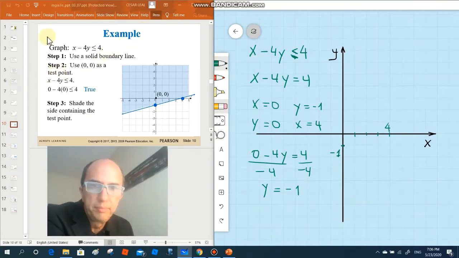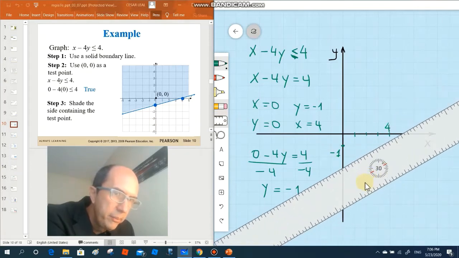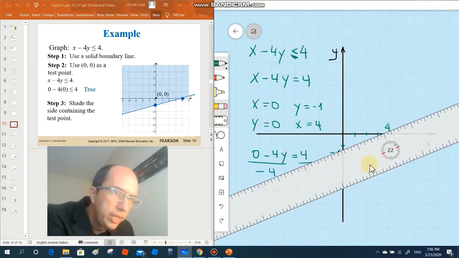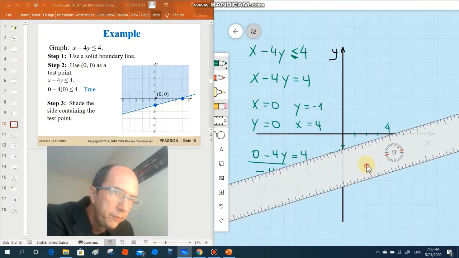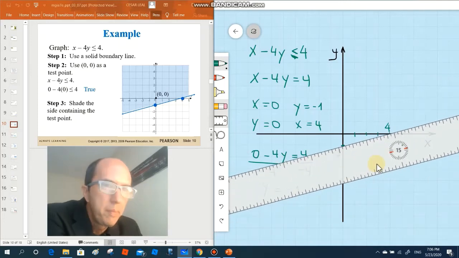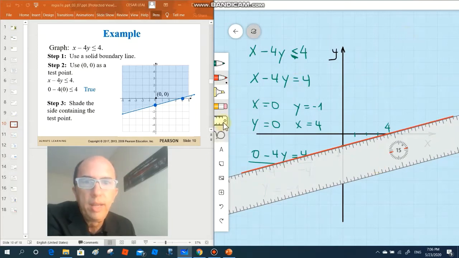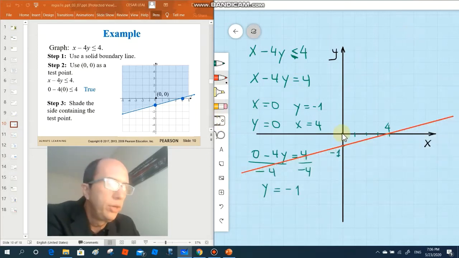Get the ruler and make a line connecting these 2 points. Okay, and the line is going to be continuous.